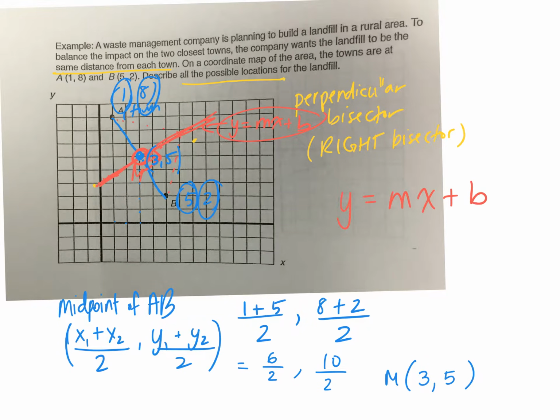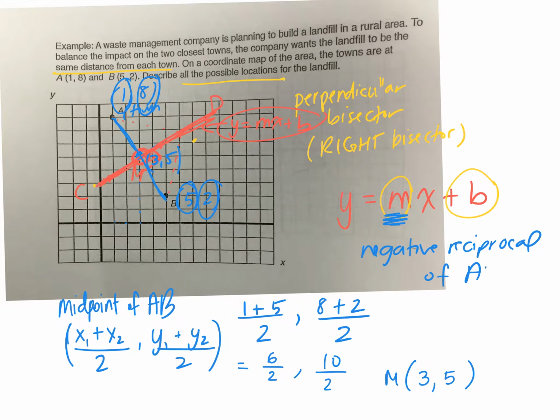Remember, the main goal of this is to find an equation of a line. When you're finding an equation of a line, you need to figure out what is the slope of the line and what is the y-intercept of the line. This line is perpendicular to the blue line, so we can actually figure out the slope, because if they're perpendicular, we know that the slope of, I'm going to call this CD, has to be a negative reciprocal of what?